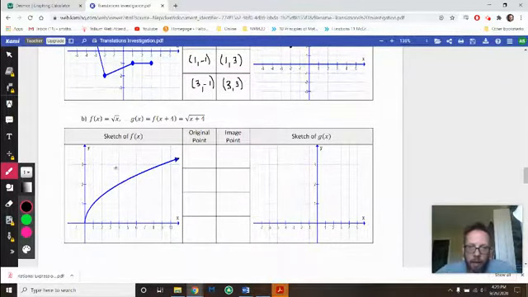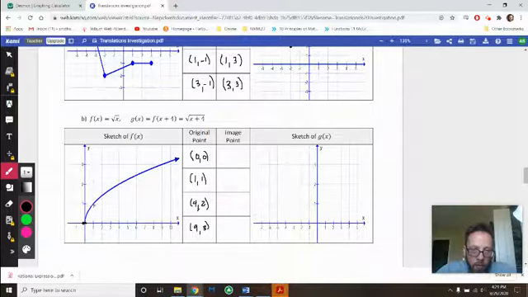Here's our function. First I would say this. If I just gave you the function g of x equals root x plus 4, I would expect everybody to recognize that the base function is a radical function, root x. And I gave you the graph here, but I'd expect everybody to be able to get those 4 easy points, 0, 0, 1, 1, 4, 2, and 9, 3.